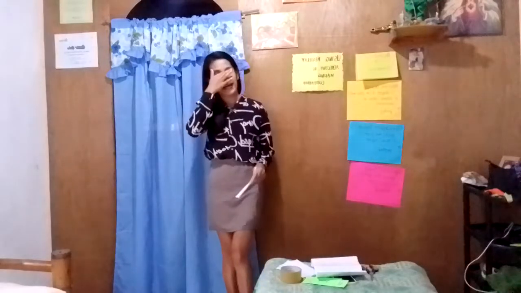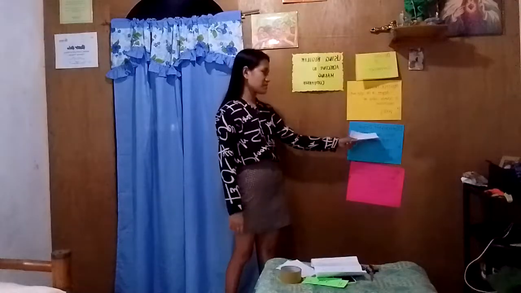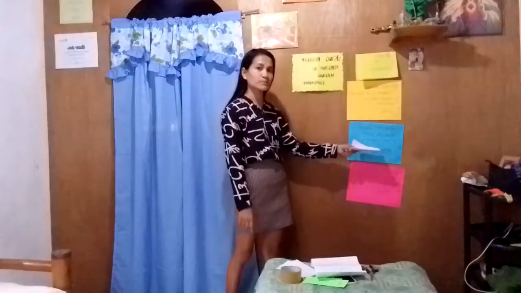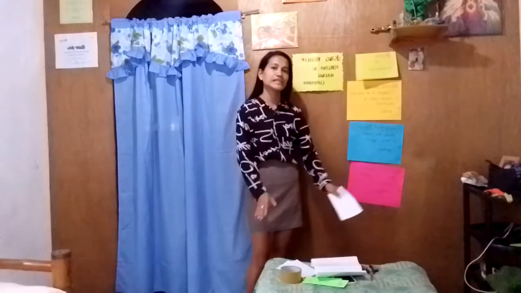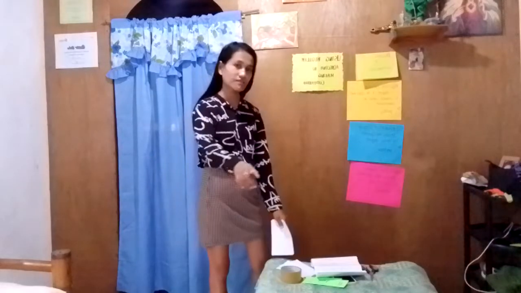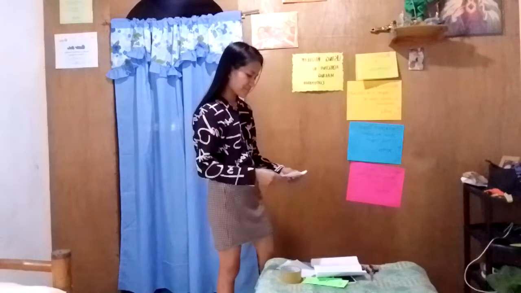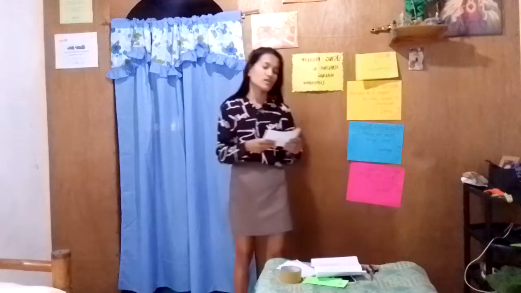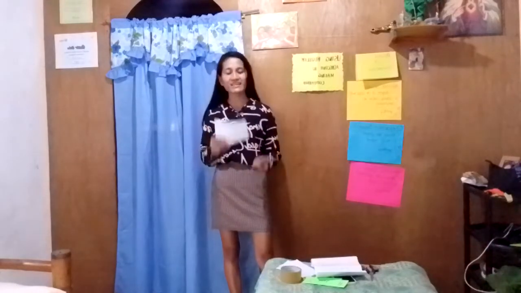For this, you are going to put est or more. For the comparative degree, you put er at the end or more in the front, and for the superlative, most in the front or est at the end of the word. So number one, she is the blank among all the girls.